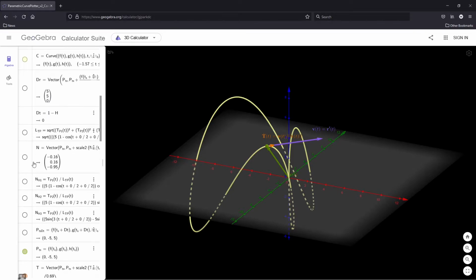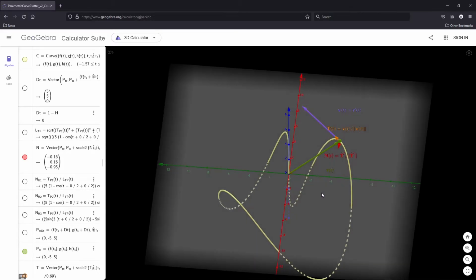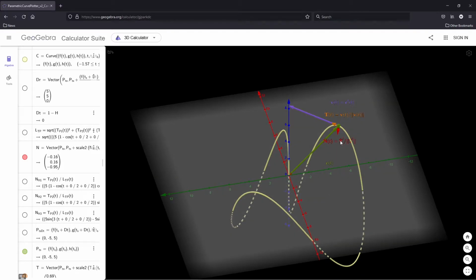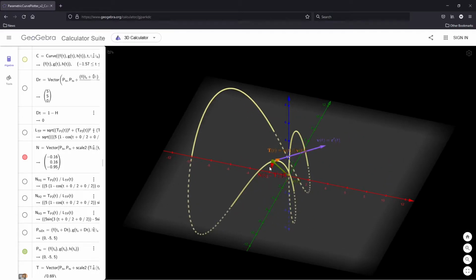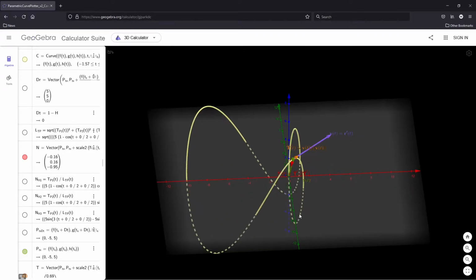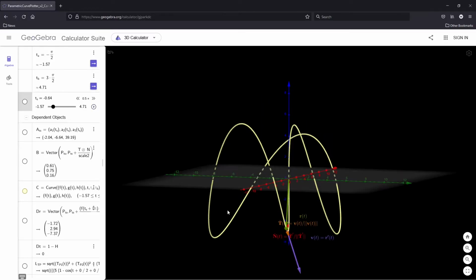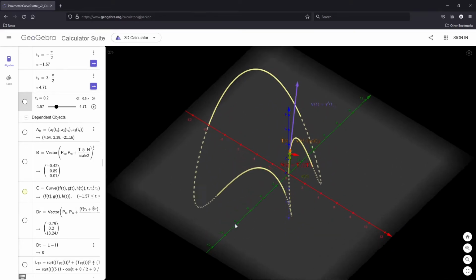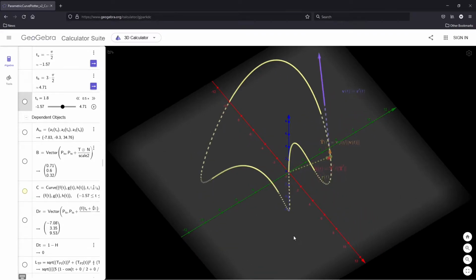And I want to exactly show you what the unit normal vector is. In this case, the unit normal vector is the vector that's pointing in the direction of dT hat ds over the magnitude of dT hat ds. And this is always going to be perpendicular to the vector T hat. If we watch this as the curve goes around, you see that at every single point on this curve, this unit normal vector is pointing in a specific direction.